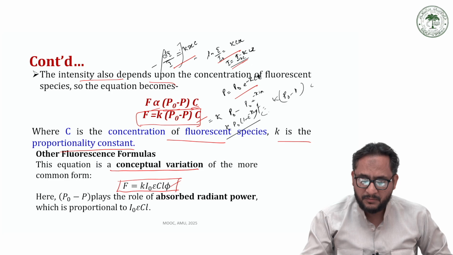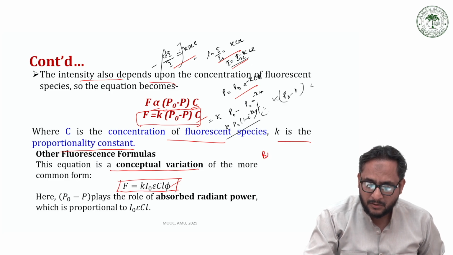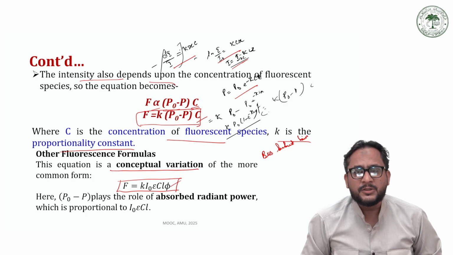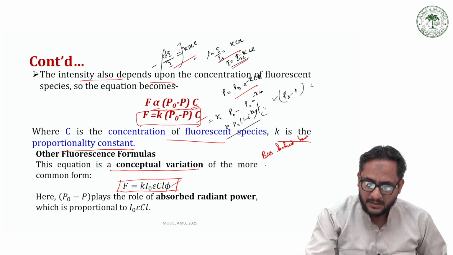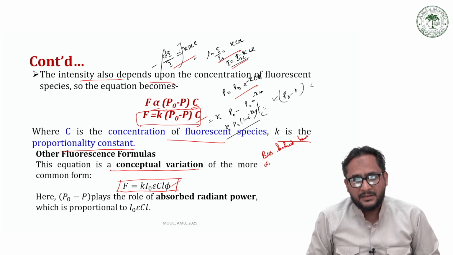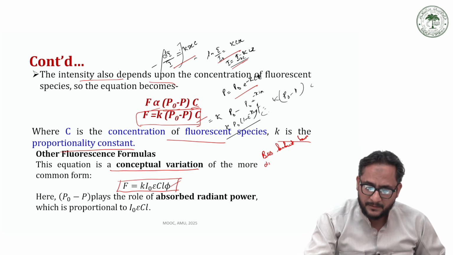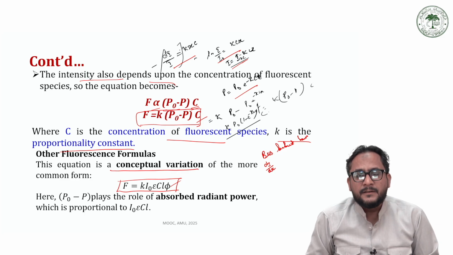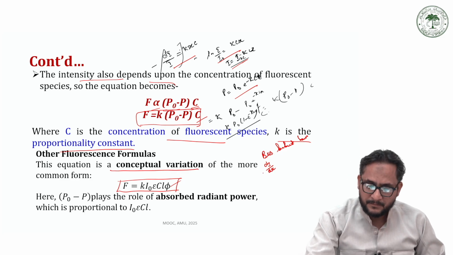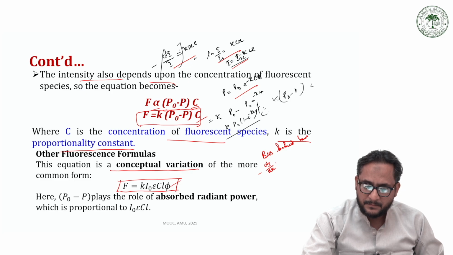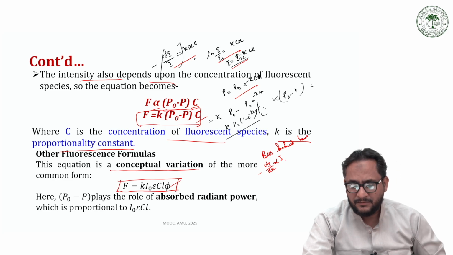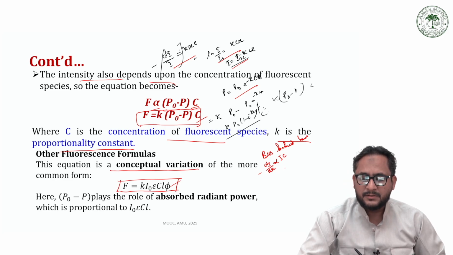Now how has this equation evolved? I hope you remember the Beer-Lambert law. This is a very famous law in UV spectroscopy. This law states that the decrease in intensity of the light radiation when it is passing through the sample, with respect to thickness, is proportional to the intensity of light radiation itself as well as concentration.